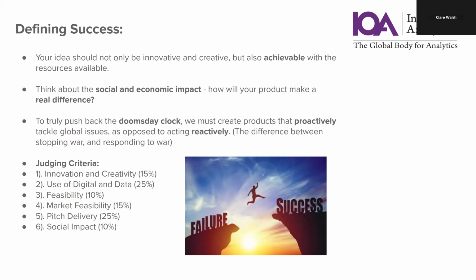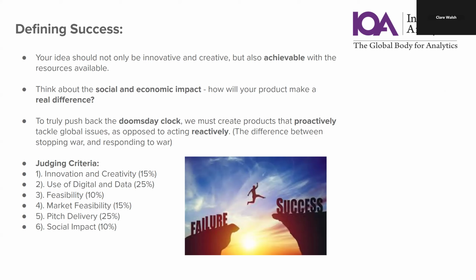And I think more food for thought here: to truly push back the doomsday clock, to truly get us further away from destruction or global catastrophes, we need a product that works proactively, not something that simply reacts to global disasters or reacts to war. We want a product that stops them happening in the first place.